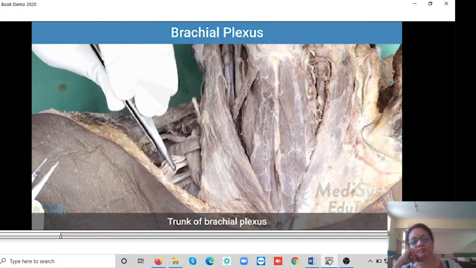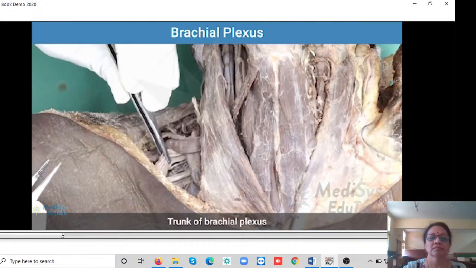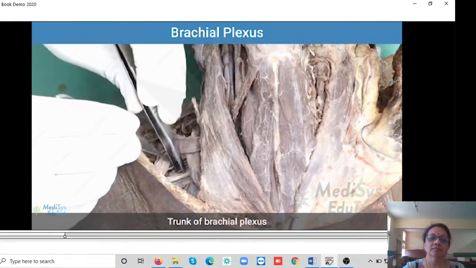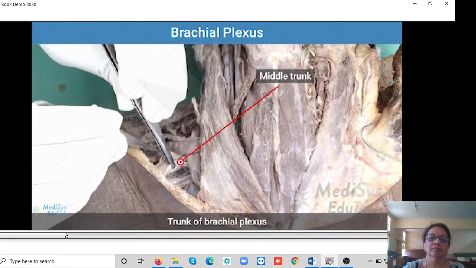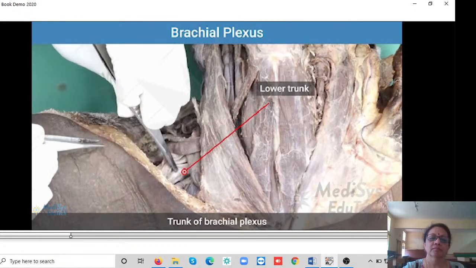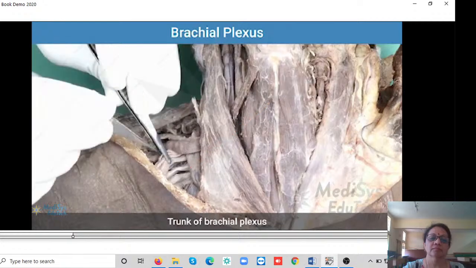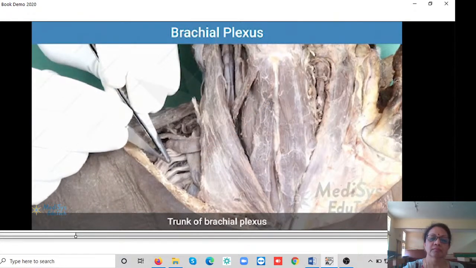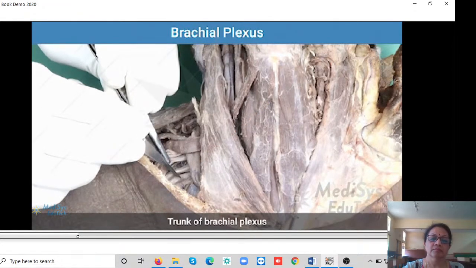at. This is the upper trunk of brachial plexus. Then this is the middle trunk, and then we have the lower trunk. These are the upper, middle and lower trunks of brachial plexus.